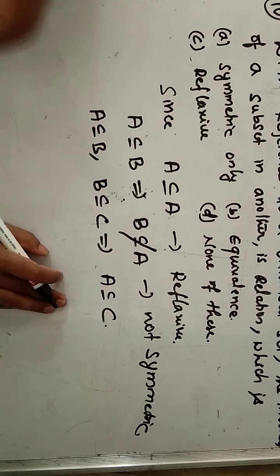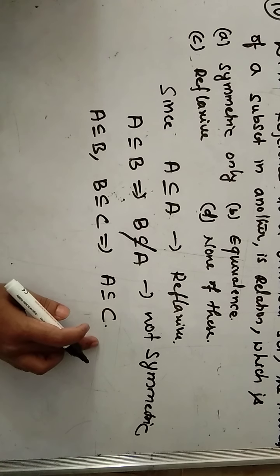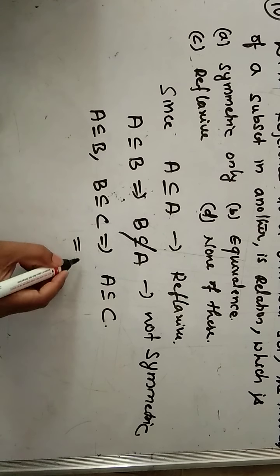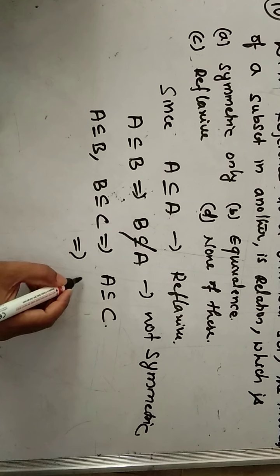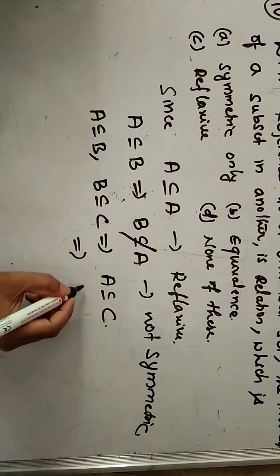Then A is a subset of B, B is a subset of C. Can we say that A is a subset of C? Yes. {1, 2, 3} is a subset of {1, 2, 3, 4, 5 up to 10}. Hence A is a subset of C. Therefore what can we say? It implies the given relation is transitive.